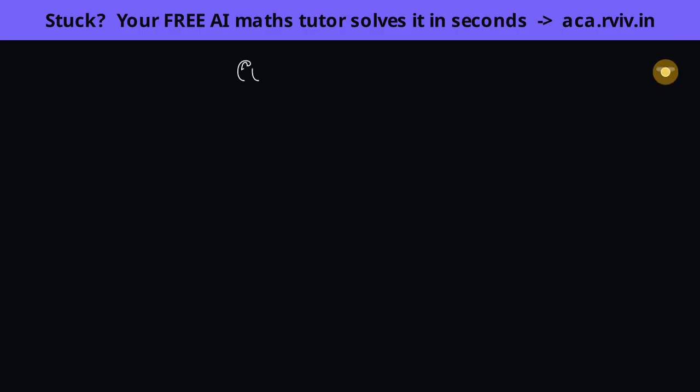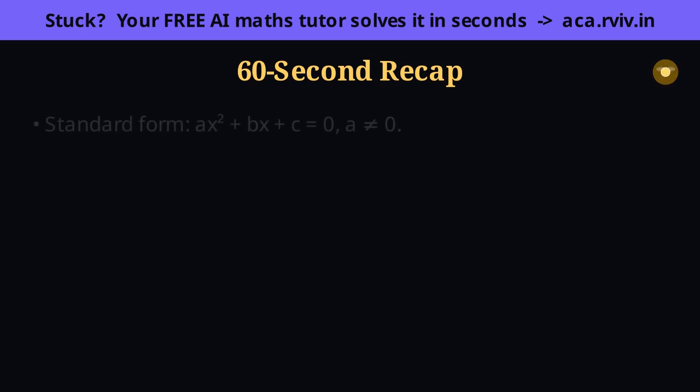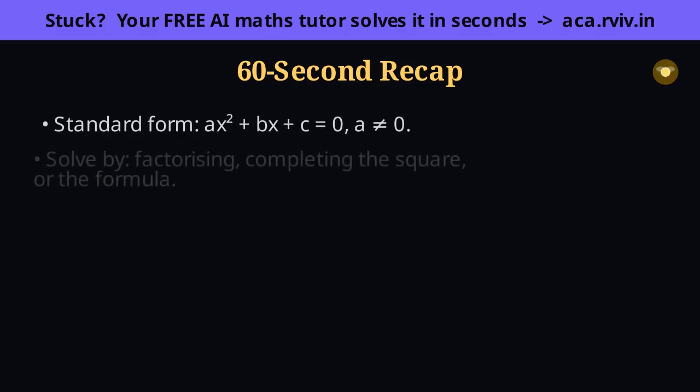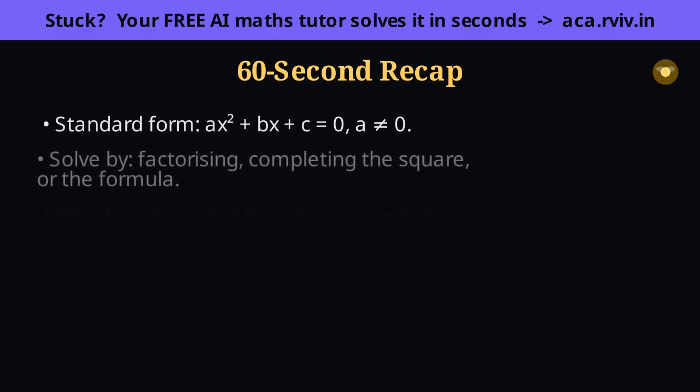In 60 seconds, the whole chapter as one connected idea. Every quadratic is ax squared plus bx plus c equals 0. You can solve it three ways: factorize by splitting the middle term when the numbers are friendly, complete the square by filling the missing corner, or use the formula, which is just completing the square done once for all quadratics, and always keep the plus or minus so you get both roots.